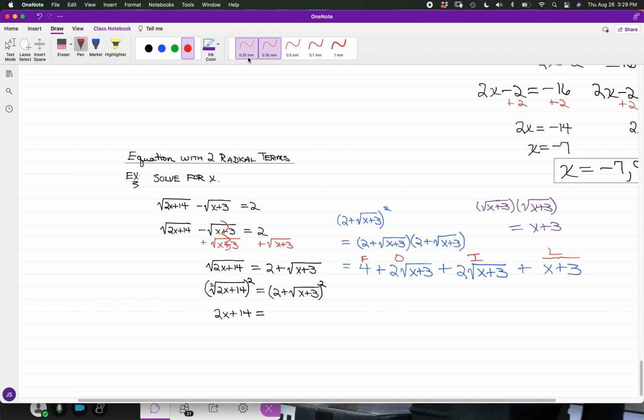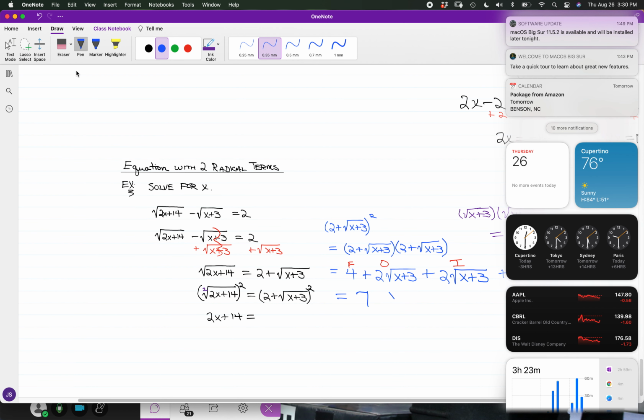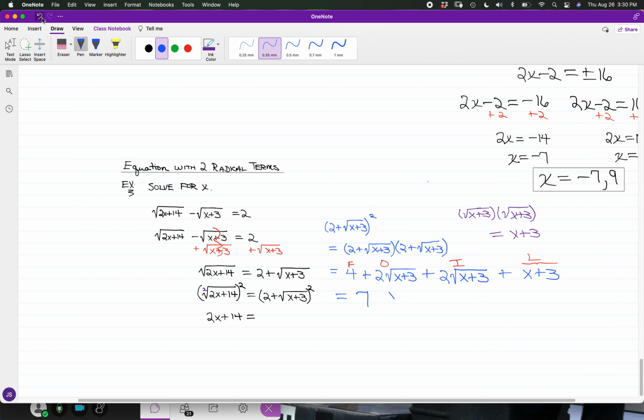And so gathering what we have now, you got 4 and 3 will be 7. And we have 2 times the square root of x plus 3 plus 2 times the square root of x plus 3.